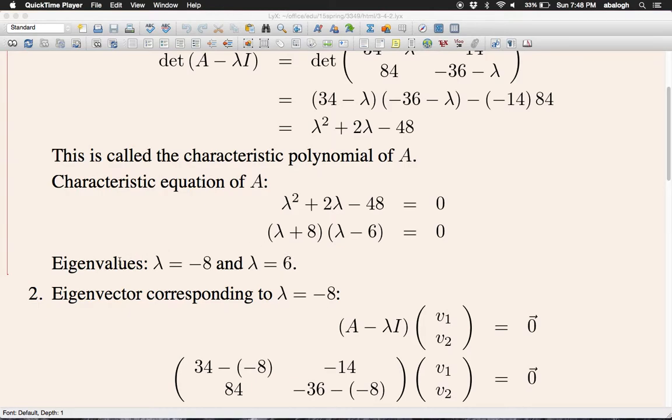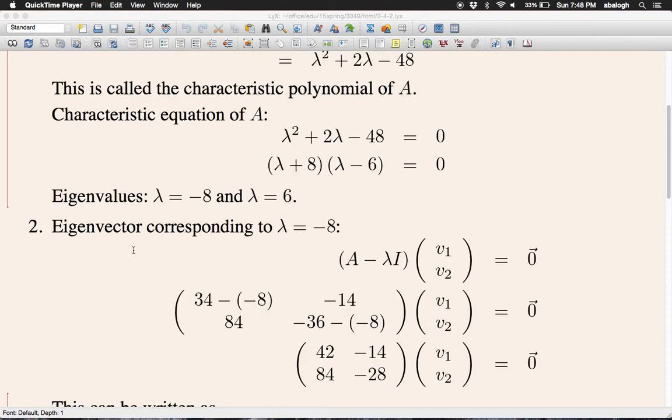Once you have the eigenvalues, we have to continue and find the corresponding eigenvectors. These eigenvectors have to be found separately for the 2 eigenvalues. So first, let's start with eigenvalue minus 8 and find the corresponding eigenvector.